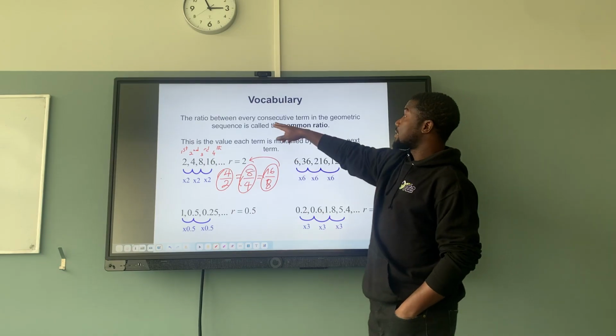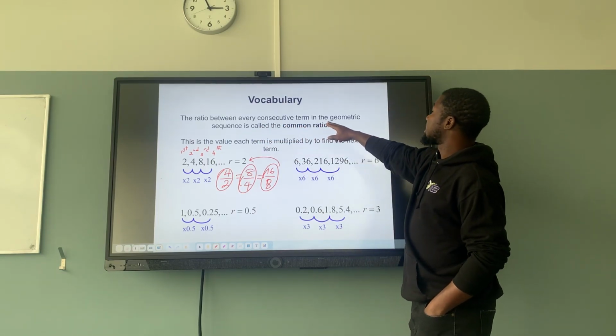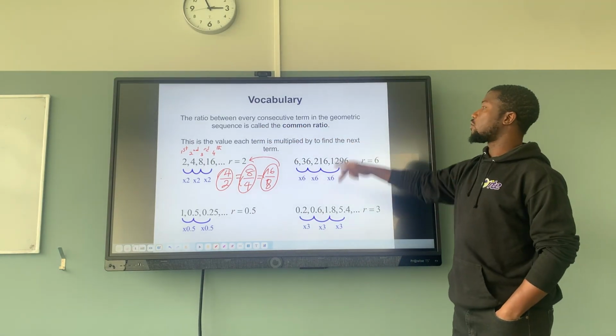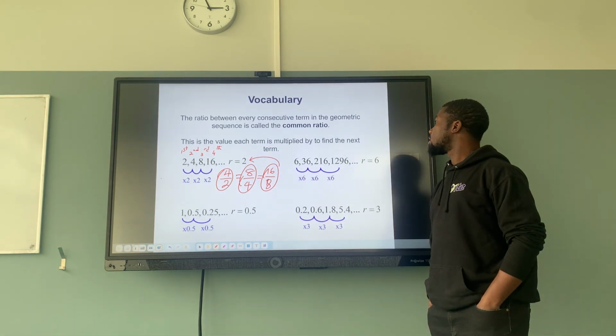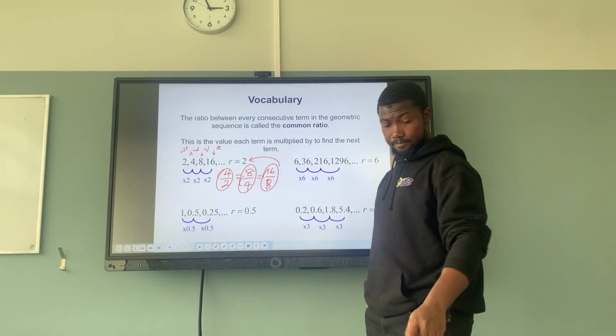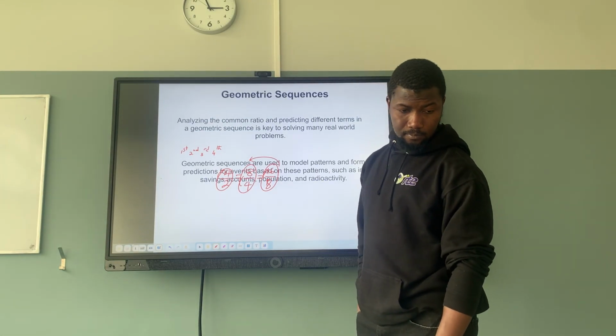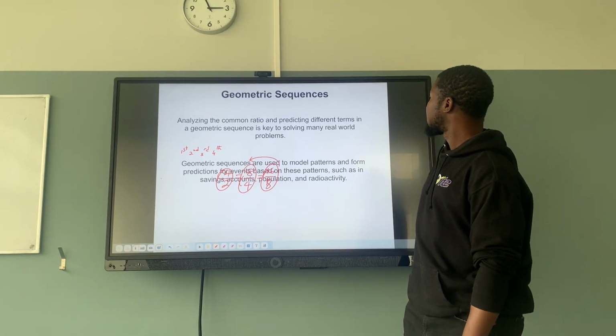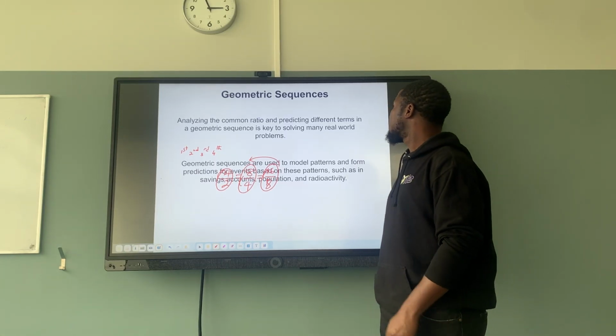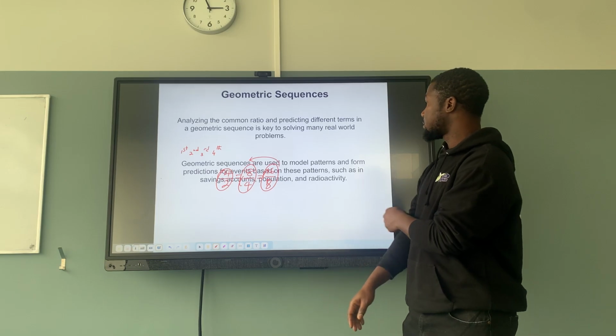Like it says, the ratio between every consecutive term in a geometric sequence is called the common ratio. This is the value each term is multiplied by to find the next term. Analyzing the common ratio and predicting the different terms in a geometric sequence is key to solving many real-world problems.